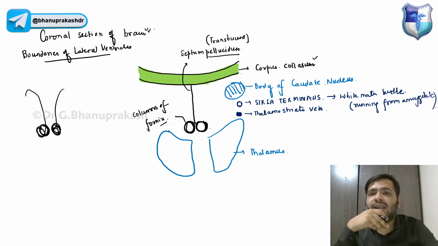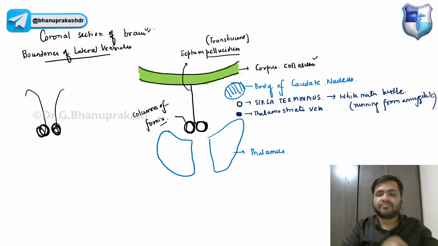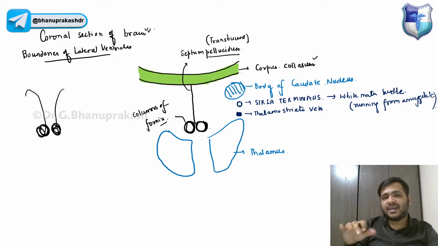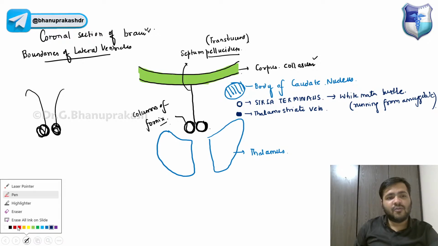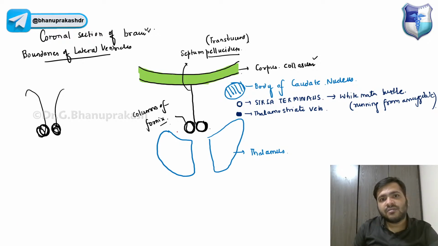So this is called the stria terminalis, over here. Now, a roughened structure, which you will see making the floor part, right?